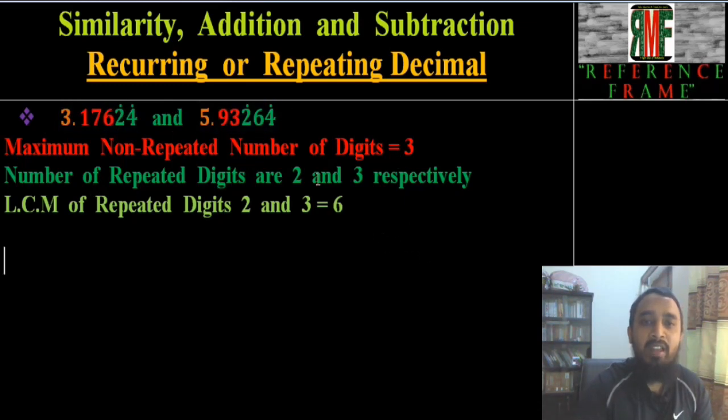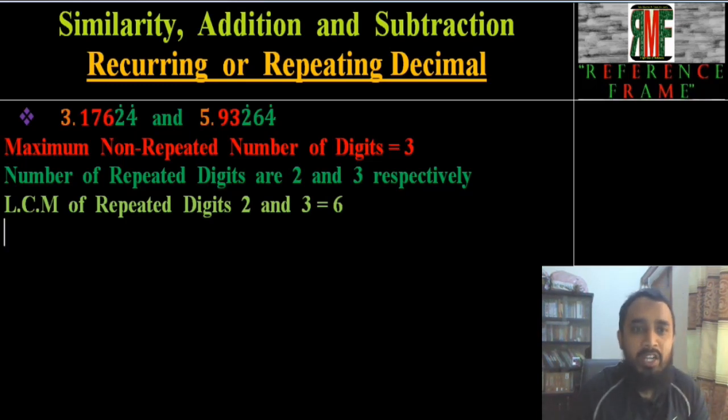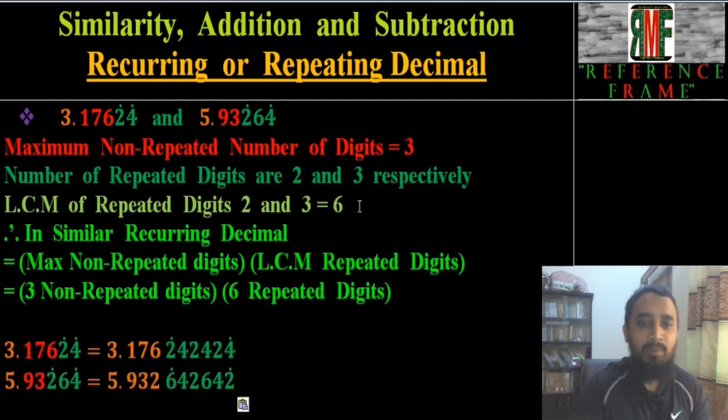So we need to find the LCM of 2 and 3, which is 6. We all know how to find the LCM; we learned it in an earlier class, in grade 4 or 5. Now we need to convert them into similar recurring decimals.